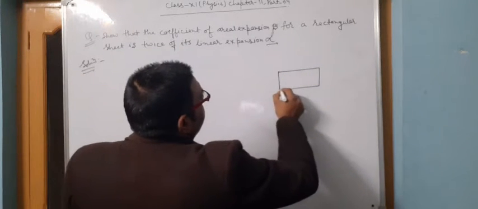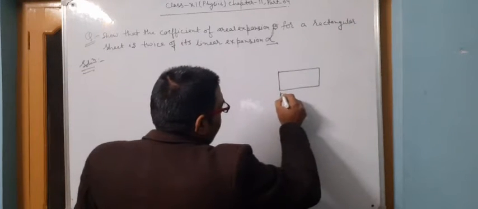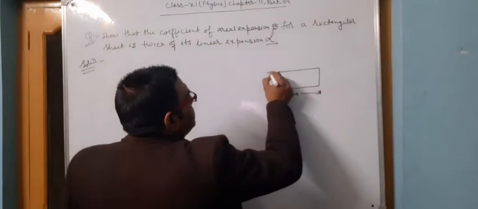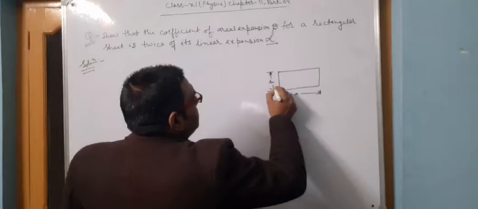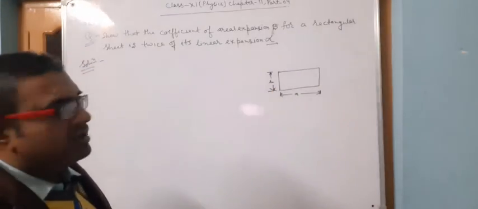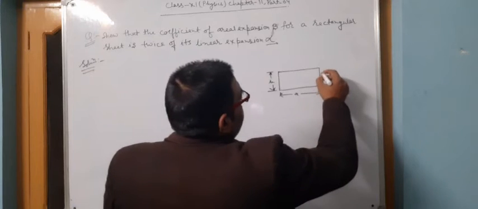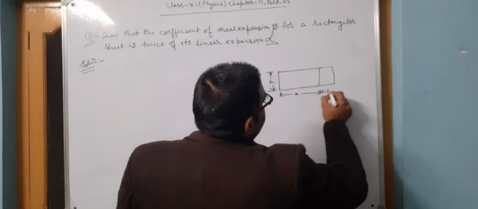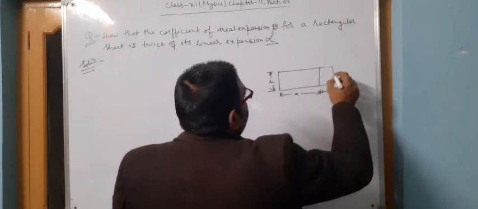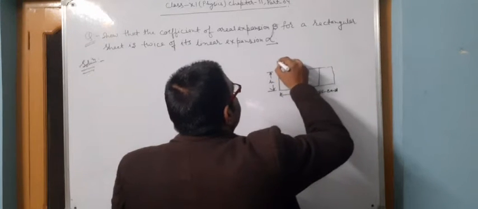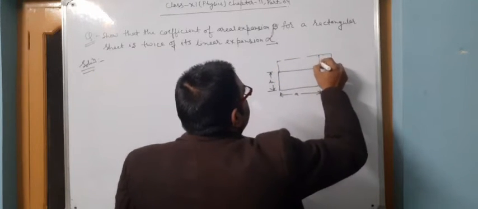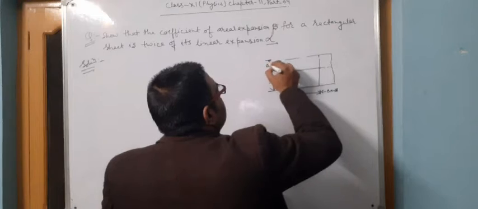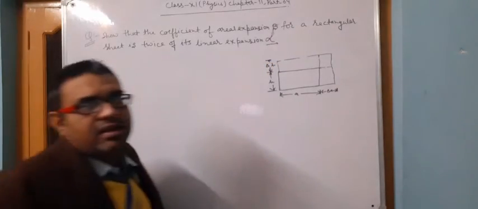Look at here, this is the rectangular sheet, and we suppose it has length A and breadth B. Now on heating it, obviously it will expand, and suppose this expansion is delta A, and on this side also it will expand, and this expansion is delta B.